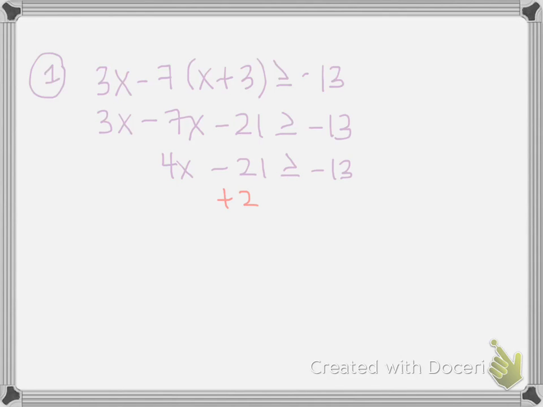Add your 21 on both sides. So we're going to get negative 4x is greater than or equal to negative 13 plus 21, which is an 8. Divide both sides by negative 4.